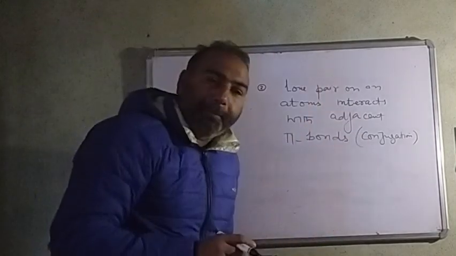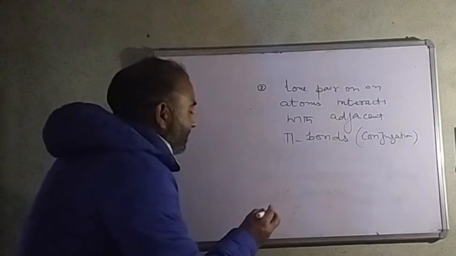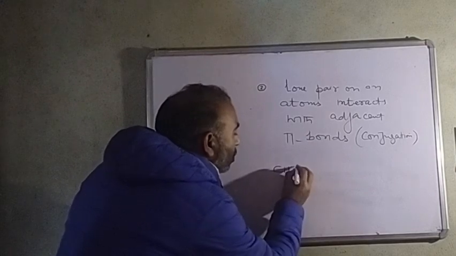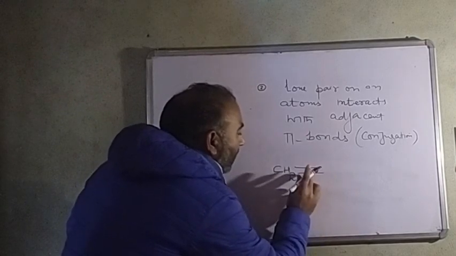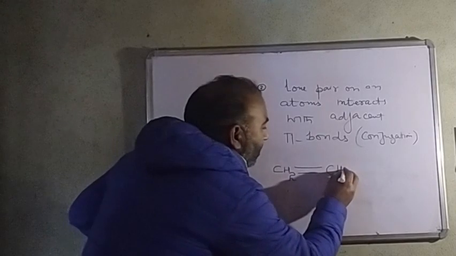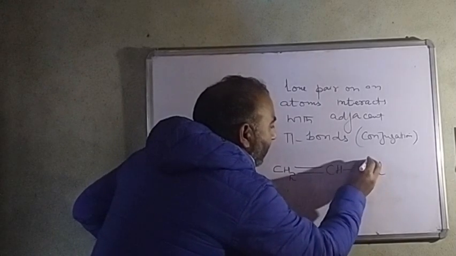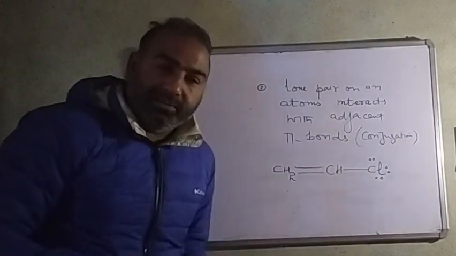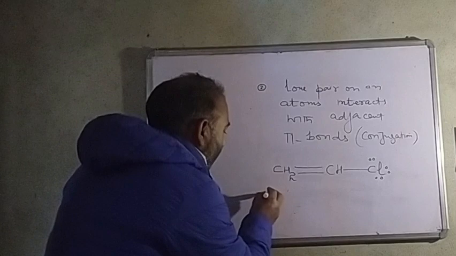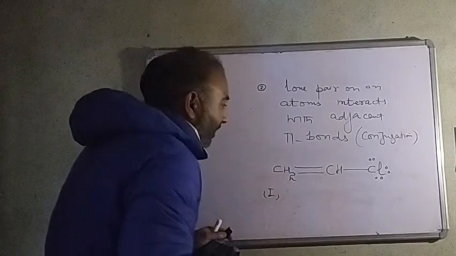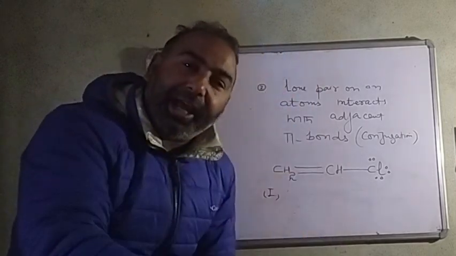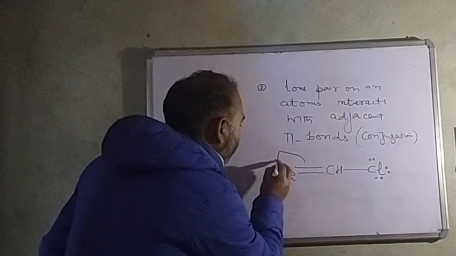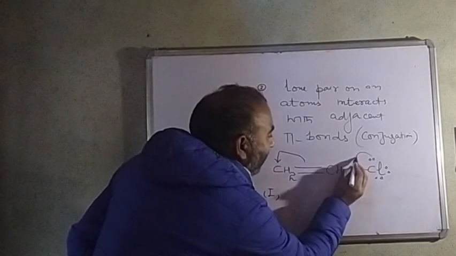I will give an example like this. CH2 double bond CH, this is Cl. Chloroethene. It is a non-polar structure. Now how will it attain polarity? Like this. The pi bond will shift towards carbon and this lone pair will move like this.